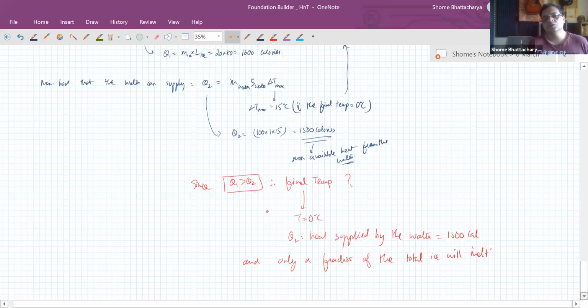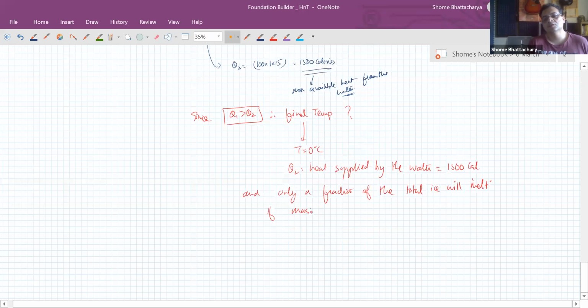Okay, so if the mass of ice melted is x grams, that means x multiplied by latent heat of ice should be equal to Q2. So x multiplied by 80 should be equal to 1500.